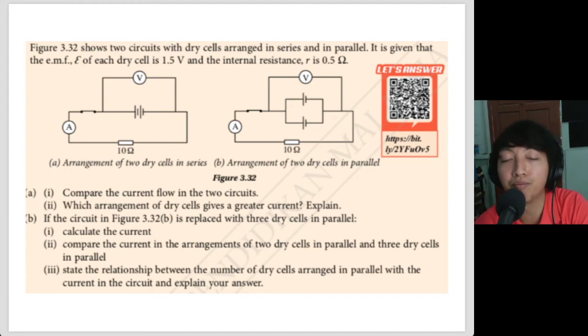Now, it's possible that in some situations the internal resistance is so high that adding another battery would make the current lower. But in this particular situation, and I believe in most situations, increasing the voltage should be enough to increase the current.